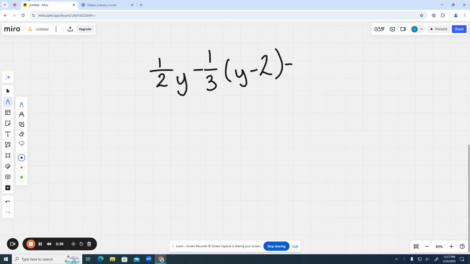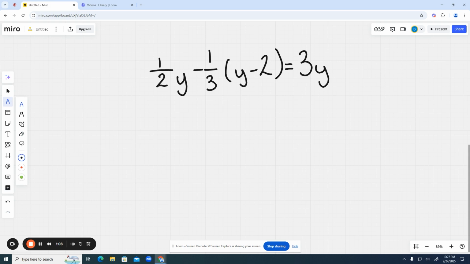All right, okay, so we have 1/2 y minus 1/3 times (y minus 2) equals 3y. And as we see here, we have a number in front of a parentheses. So we know that we're going to be doing distributive property because there's no plus or minus behind that negative 1/3 there.